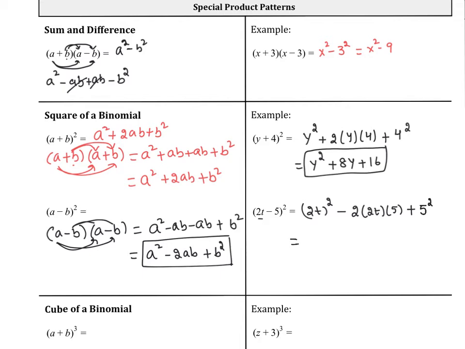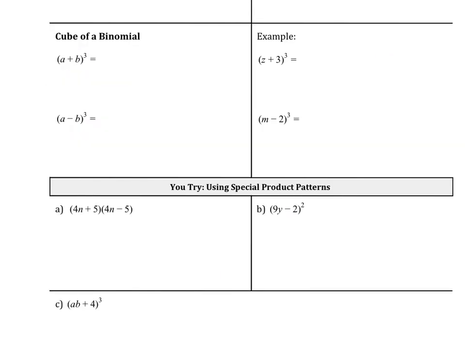So the final answer is going to be 4t square minus 2 times 2 times 5, which is 20t, plus 5 square, which is 25. So the answer is 4t square minus 20t plus 25.